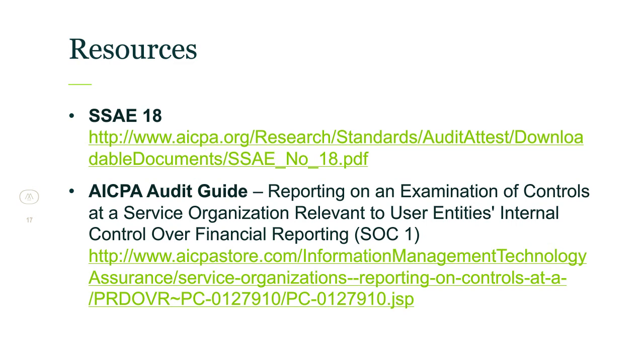There's an audit guide that's specific to SOC 1 reports, and what I really like about the audit guide is it's very easy to read, it's very practical, and it gives good examples. It's geared towards service auditors, but there's definitely sections that I think are valuable for an auditee to look at and read, and so that might be a good resource if you want more details on SSAE 18.